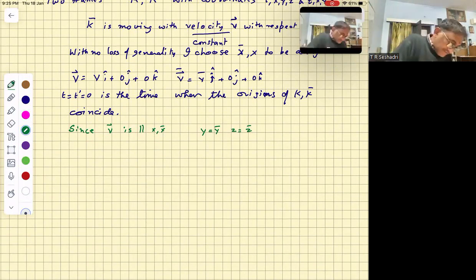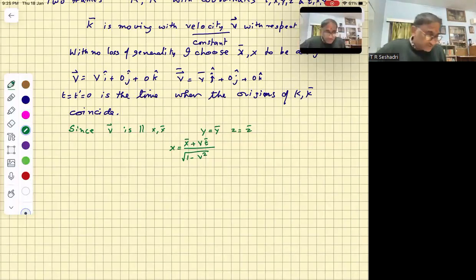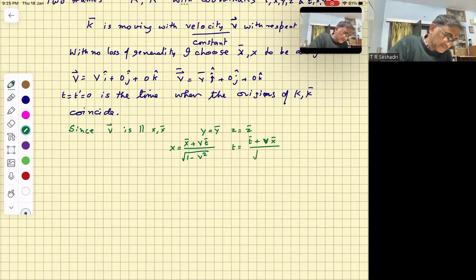And so I can write X is equal to X bar plus V T bar by square root of 1 minus V square. When I say V square, I mean V square by C square. And then T is equal to T bar plus V into X bar divided by 1 minus V square.